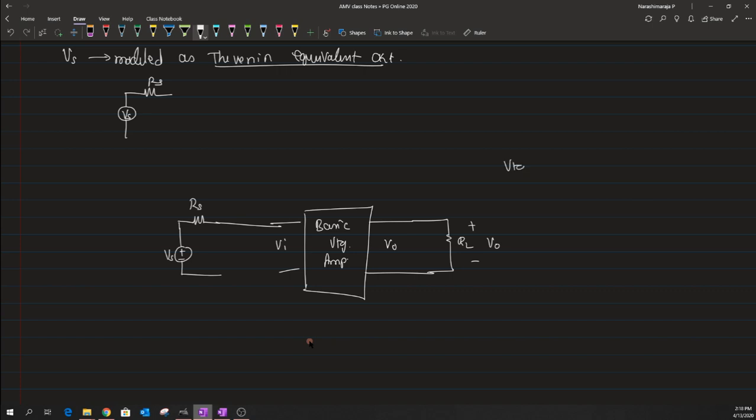Say for example you have a voltmeter. The way a voltmeter is connected to a circuit to read out the voltage is by tapping both terminals across the load. Am I right? You take the two probes and put them across the load in order to measure the voltage across it.